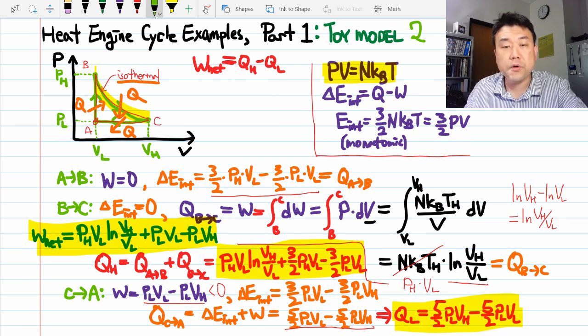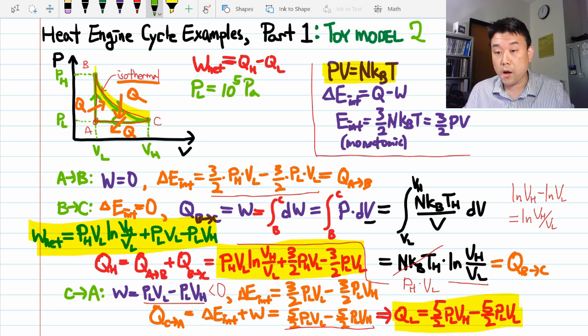As before, I want to plug in some interesting numbers to continue to develop our number sense. Let's pick numbers that are comparable to what we picked for toy model number 1. So let's say that the low pressure is approximately 1 atmosphere or 10 to the 5 pascals. Now, in toy model number 1, we chose the high pressure to be double this, but I want to make the temperatures comparable for the reasons you'll see later.